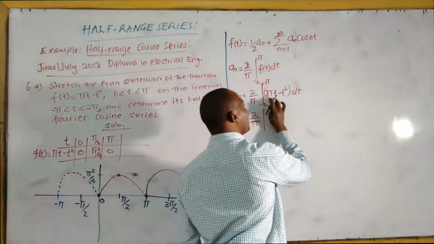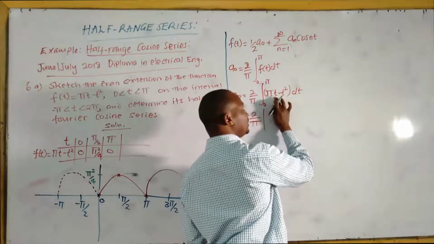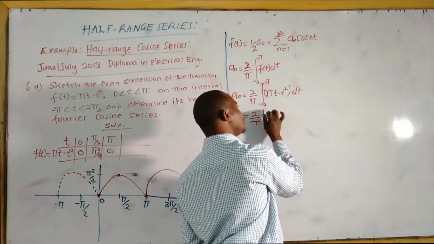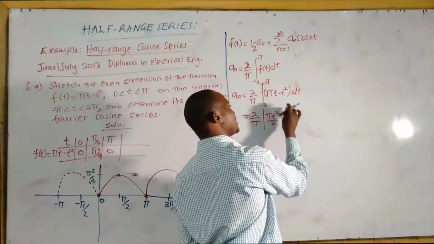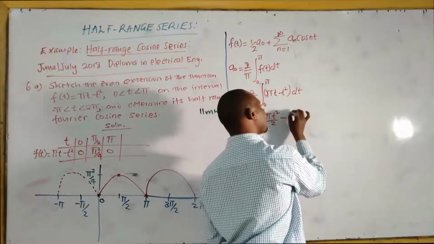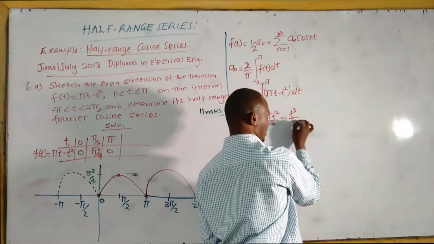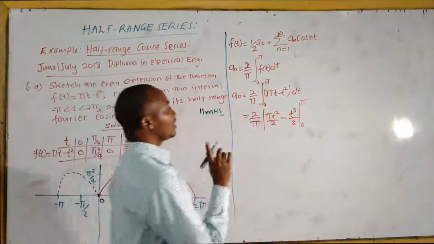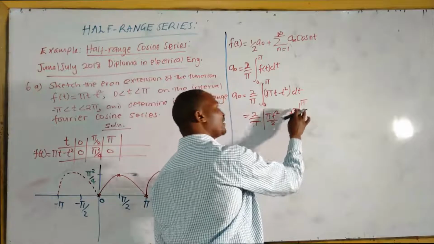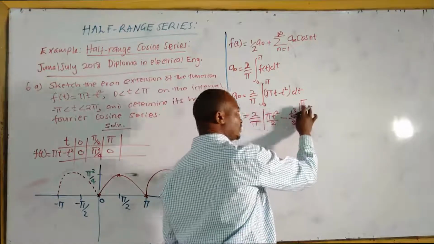If you integrate this t, it will be t squared over 2, which gives us pi t squared over 2. Minus, if we integrate t squared we get t cubed over 3. Apply the limit from 0 to pi. We apply the upper limit: wherever you have t, put pi.